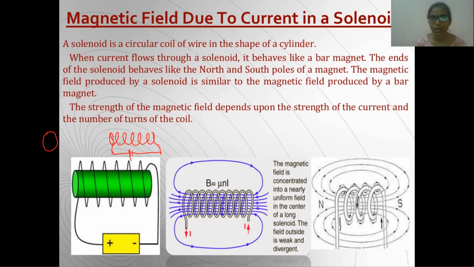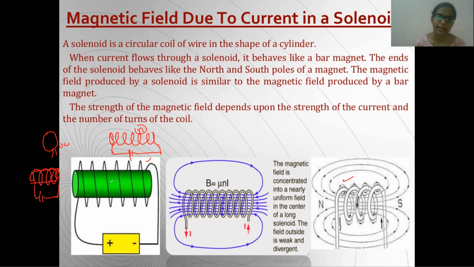A solenoid means a circular loop with a number of loops. Like a circle, we took only one loop when current passes through it. Here we take a number of loops in the form of a spring. You can observe in this figure, we take one metal core, around that we wind the spring, and connect it to some electric supply.